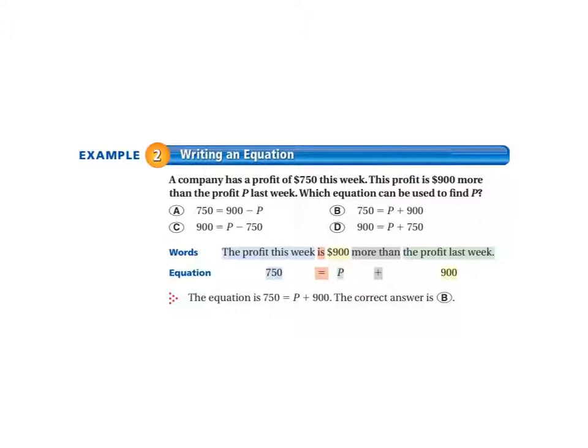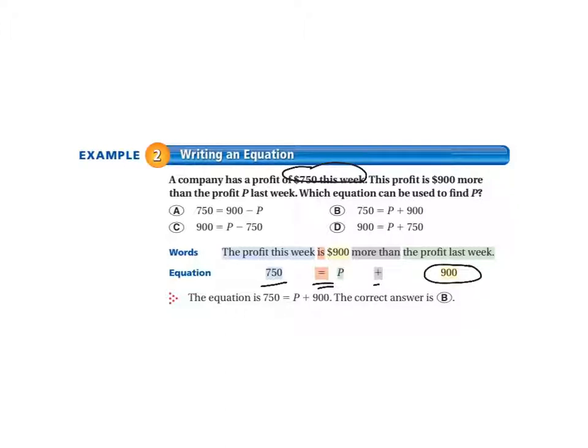So in an equation, they tell us that the profit this week is $750. So we have that. Is, when we see "is," that's always equal. And they tell us that the profit is $900 more than, so that would be a plus sign, the profit last week, which was $900.